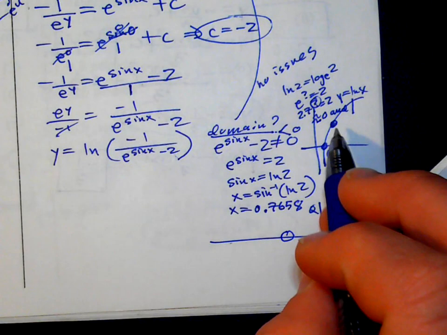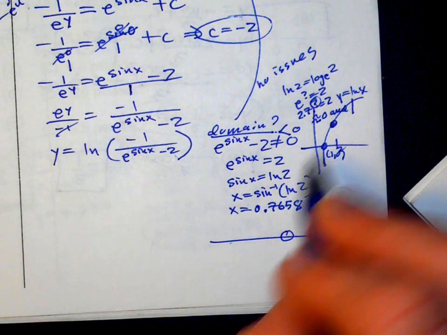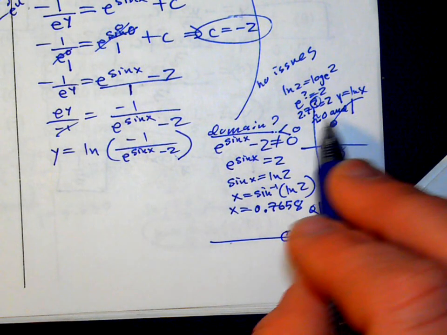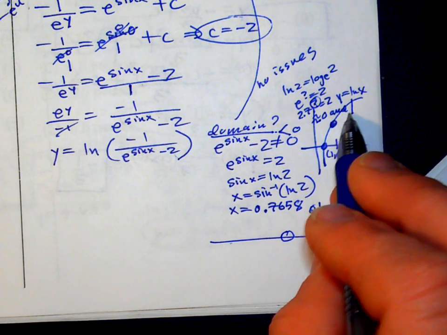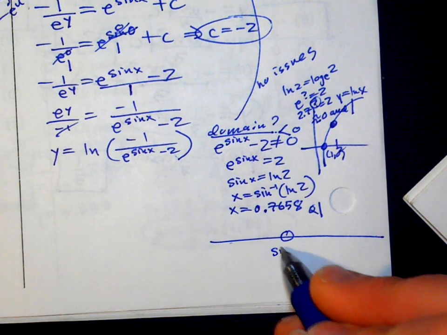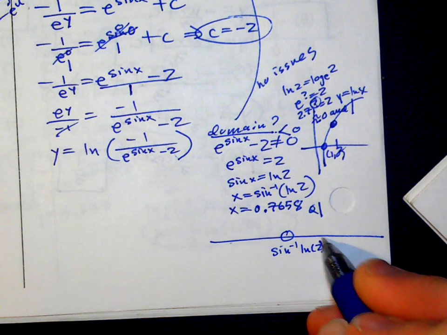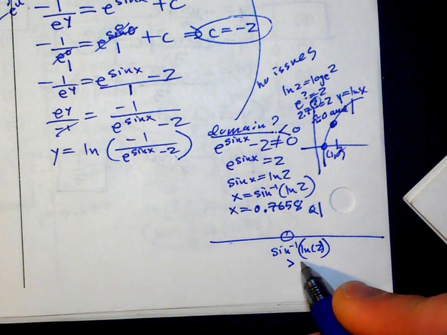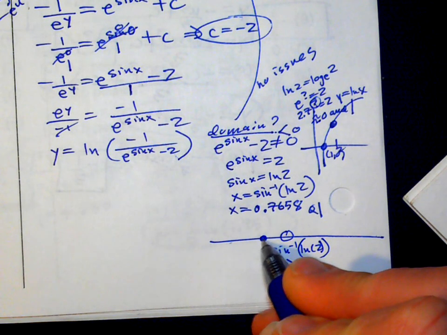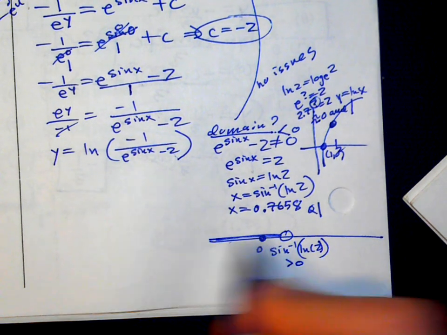Okay, I got to back up for a second. Inverse sine of some value between 0 and 1 would also be some small positive number. So I know that this value right here is a little bigger than 0, which means that 0 has to be here, and that's our initial condition, and this is our domain.